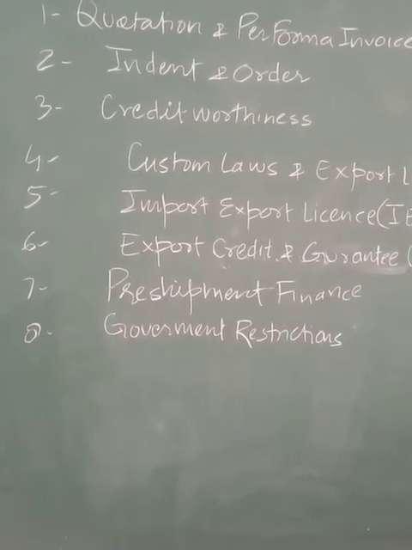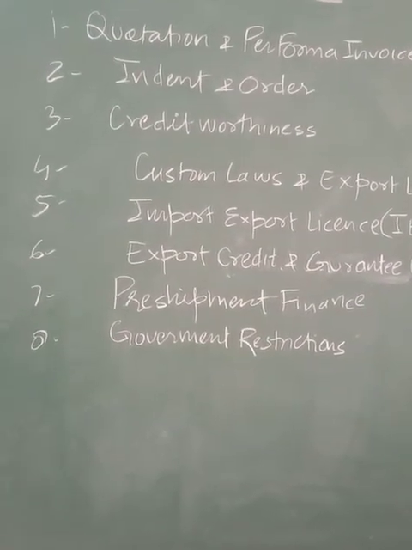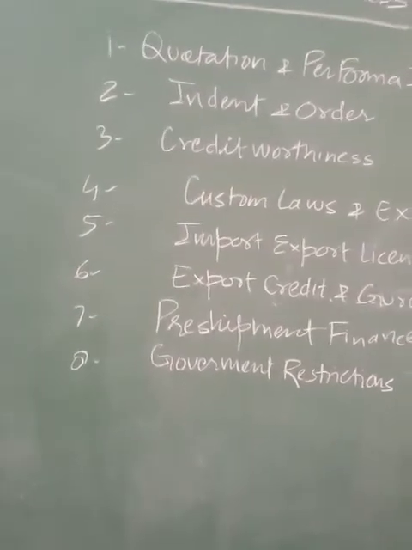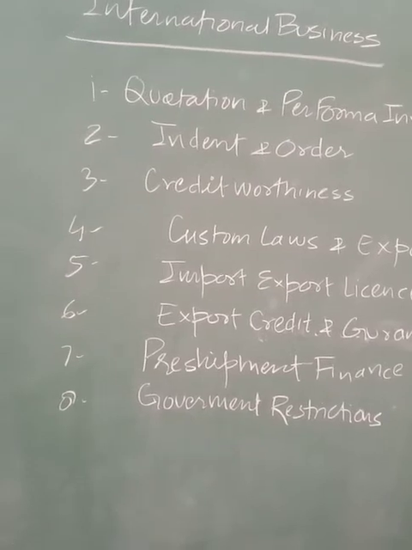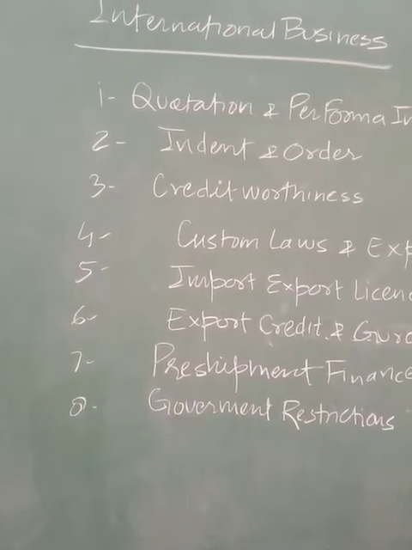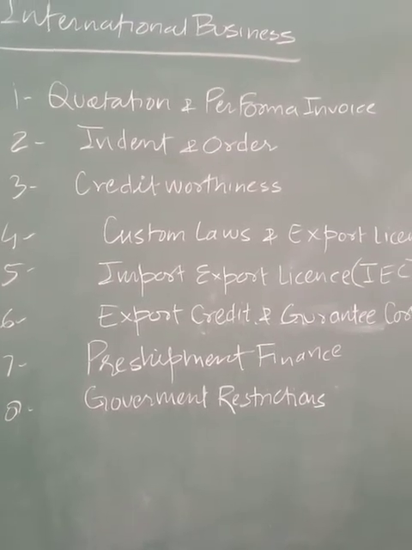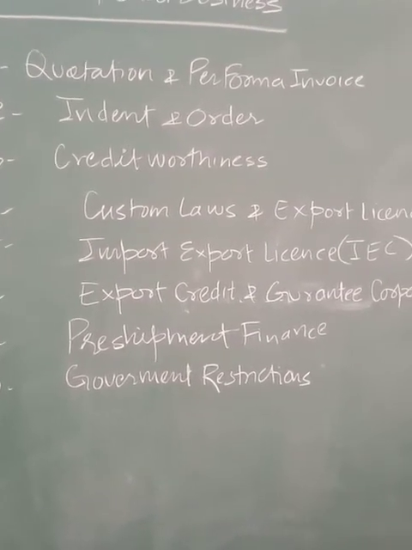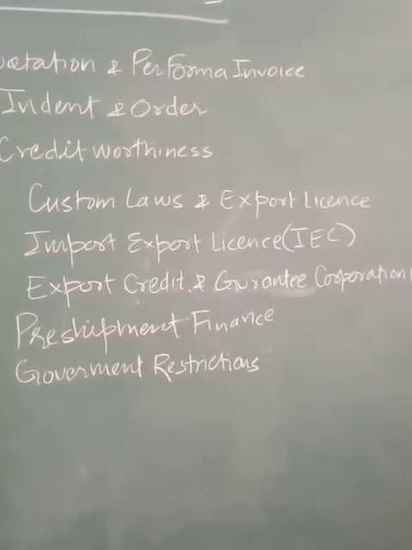Because if the importer fails to provide money on time, then the exporter will face a lot of financial crisis in producing the product. That is why this ECGC certificate will provide the assurance to the exporter that the money will be provided to him, whether the importer pays or not.